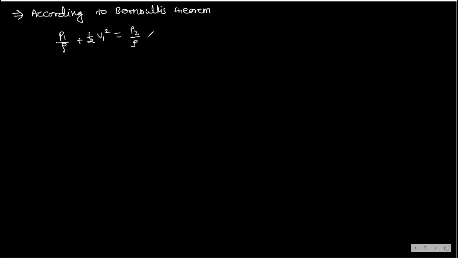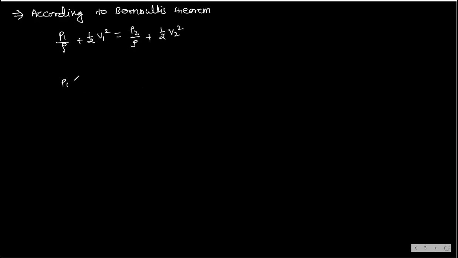Next one. Now, according to Bernoulli's theorem, P1 by rho plus half rho V1 square is equal to P2 by rho plus half rho V2 square.